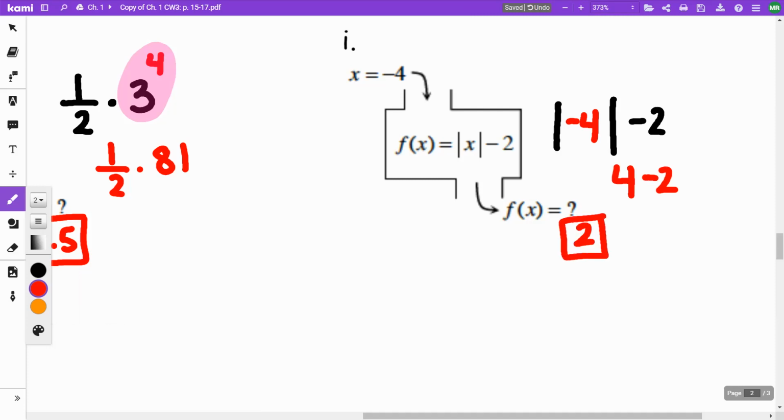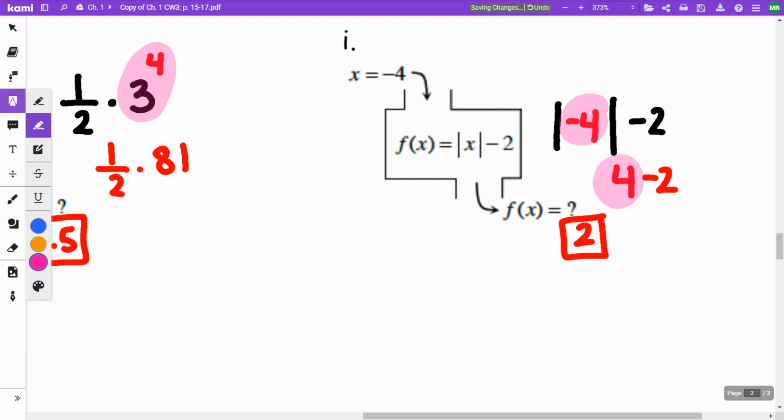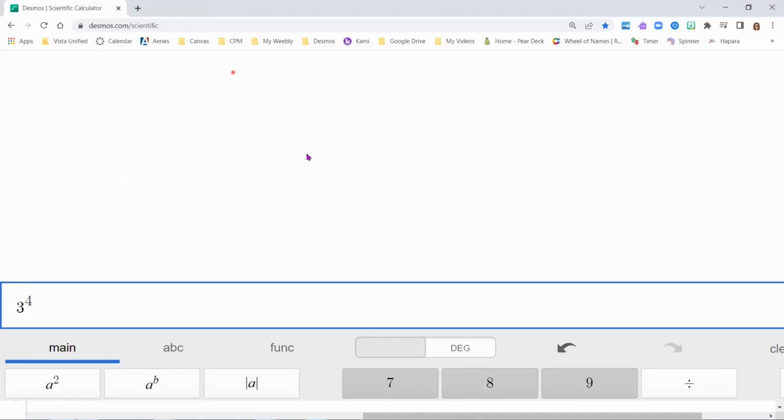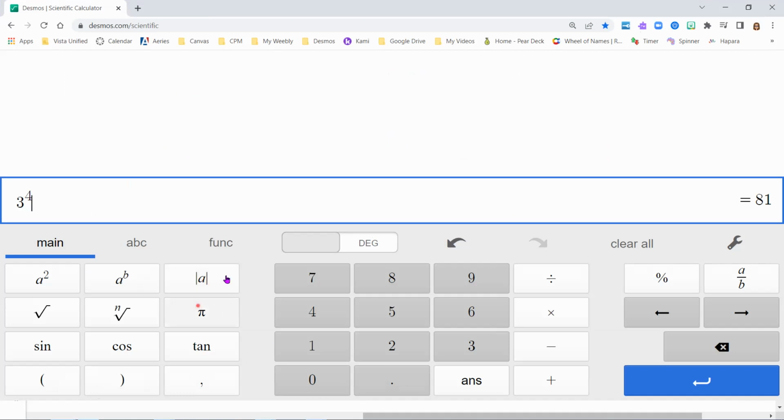So remember, when I take the absolute value of anything, I'm always going to get the positive of that back. And if it is a positive, I still get the positive back. And on Desmos, there is an absolute value right here. So I could use this and put in a -4, and you see it gave me a +4 back.